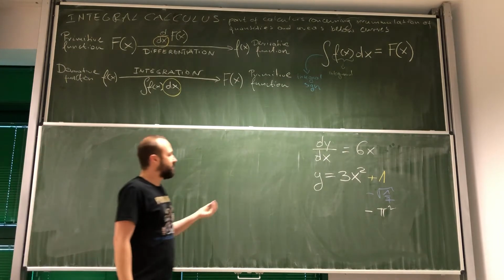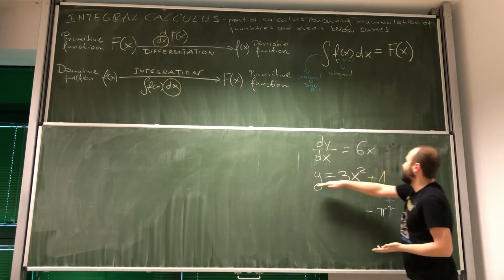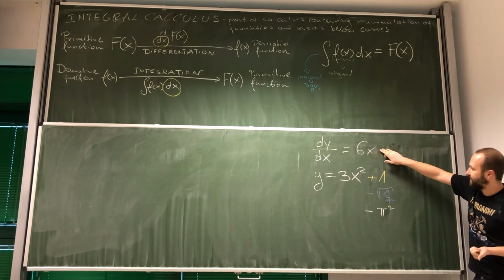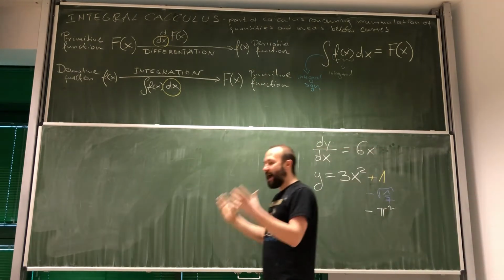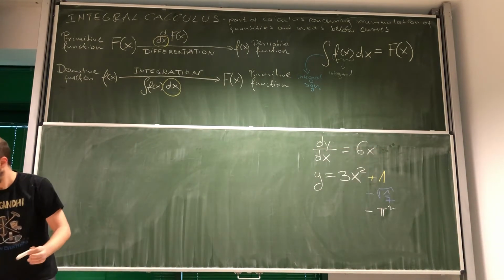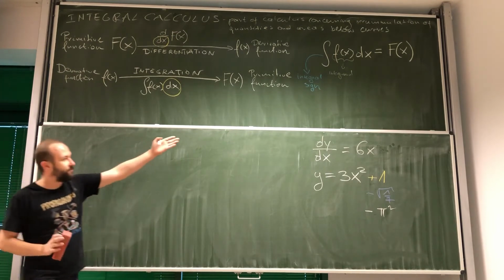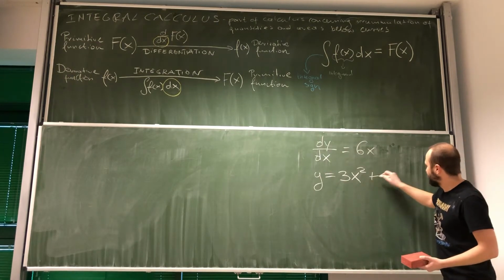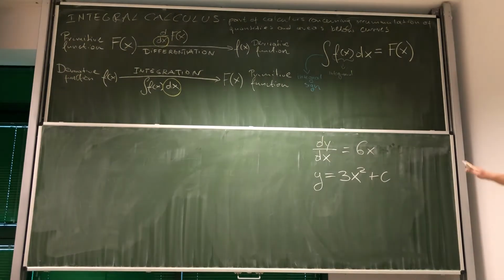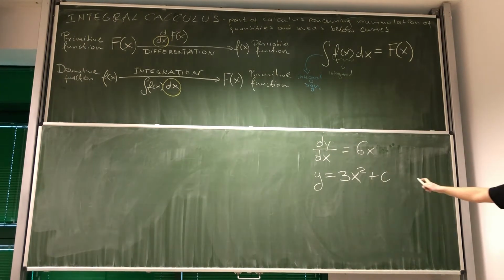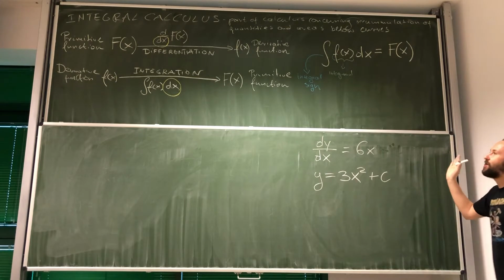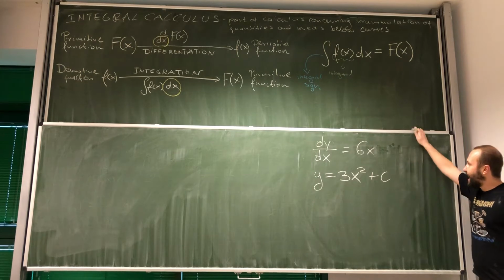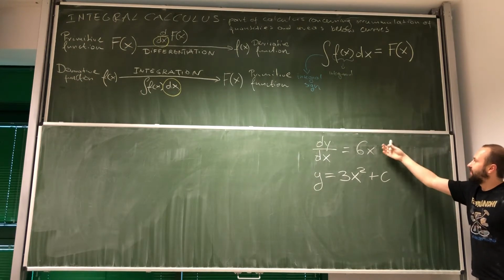What do I mean by that? Actually, there is not only one function that can give you this derivative, 6x. There is actually a family of different functions that will give us the derivative 6x. If I would like to write that down, I could just put here plus c. Because as long as here we have an expression without x, it's going to be gone in differentiation, and as a result, what we're going to have is the derivative 6x.